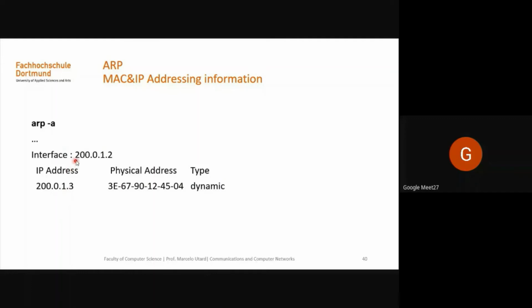Then when this node needs to send an IP message, an IP datagram, to that destination host, this platform will encapsulate the datagram addressed to this destination into an Ethernet 2 frame destined to this MAC address.